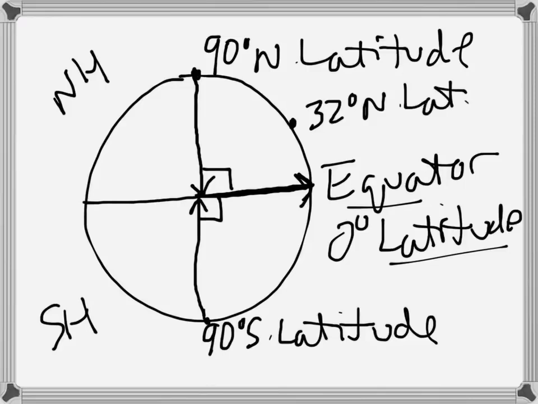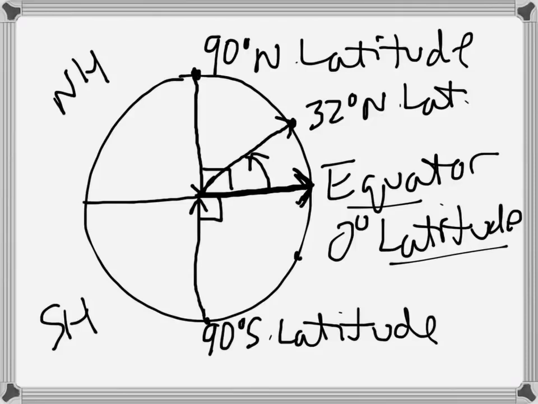That means if you were to draw an imaginary line from the center of the planet to San Diego, and another imaginary line from the center of the planet to the edge of the equator, that angle is going to be 32 degrees. So in essence, San Diego, California is 32 degrees north of the equator, which makes it 32 degrees north latitude.